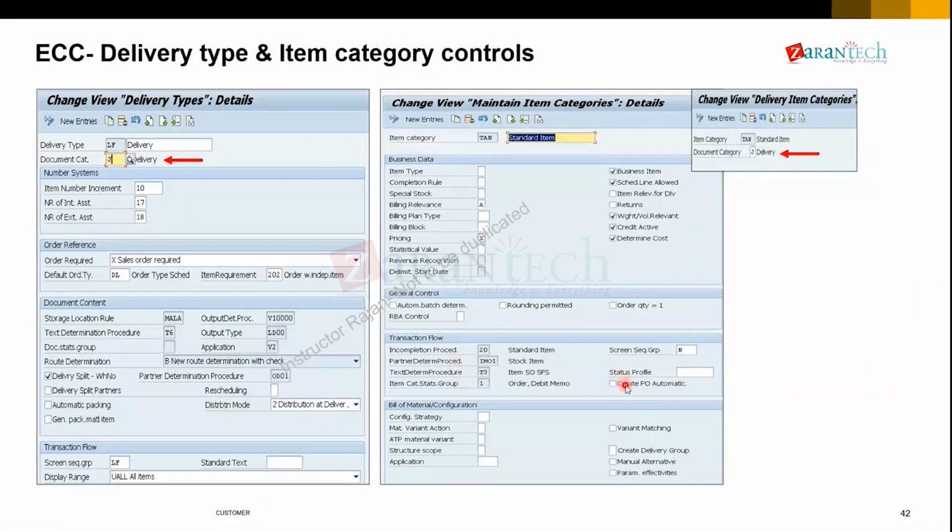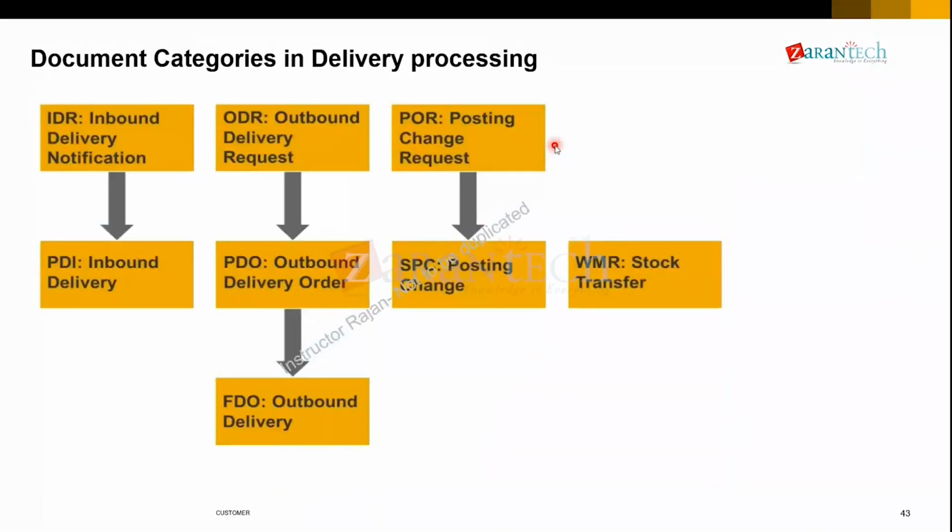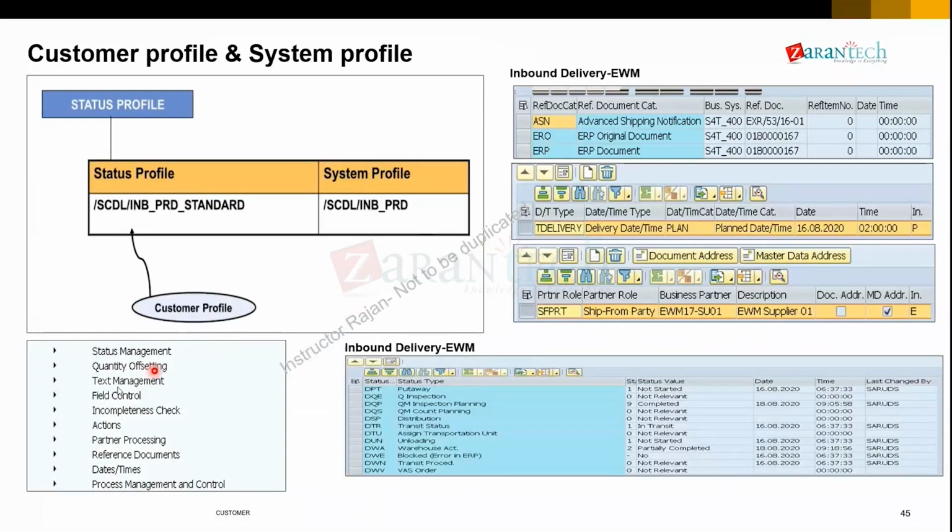The incompletion and status can work together to produce the desired results as well. So just keep in mind, these are called procedures in ECC. Similarly, in EWM we have something called profiles. These are the different profiles available.